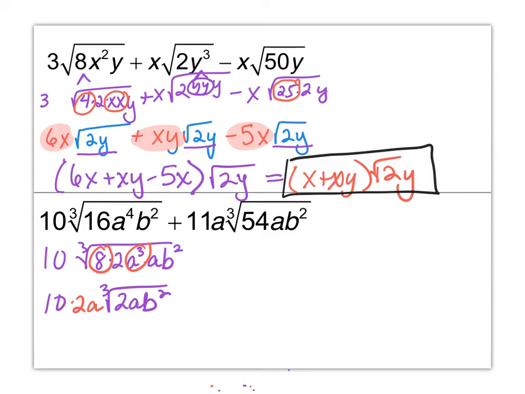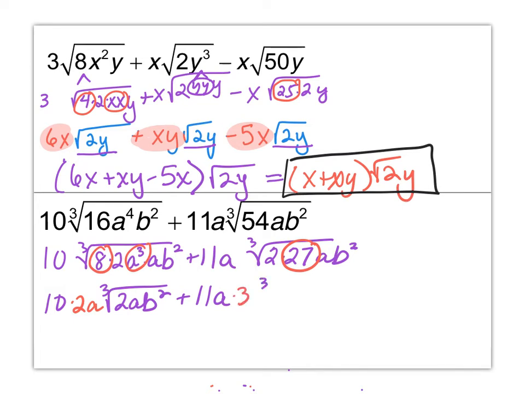Let's look at the second term here, plus 11a out in front, the cubed root of 54ab squared. 54 is the same thing as 2 times 27, and 27 is a perfect cube. So we can simplify the cubed root of 27, which is 3, and bring that out in front along with the 11a times 3, and then everything that's not part of a perfect cube is going to stay under the cubed root.